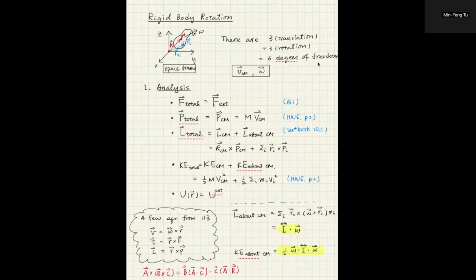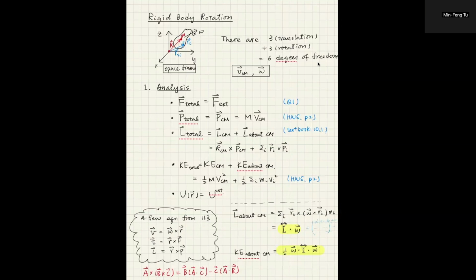That means my angular momentum will be a vector, and each component will be a linear combination of some omega 1 plus some omega 2 plus some omega 3. A very similar format will show up for the kinetic energy. So these two terms are more generalized equations.